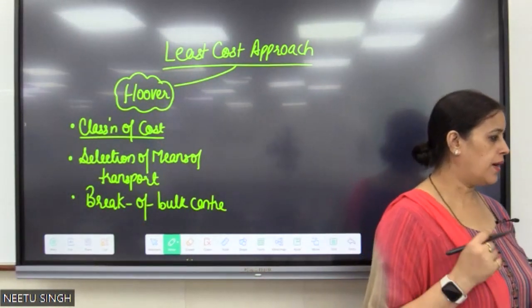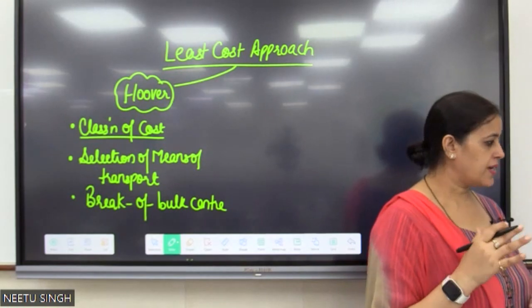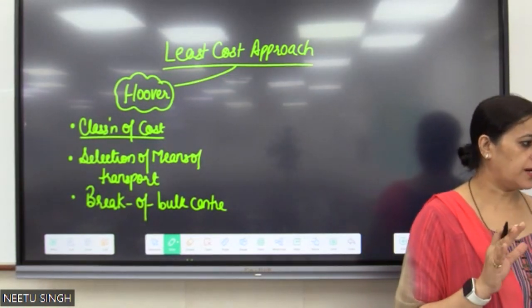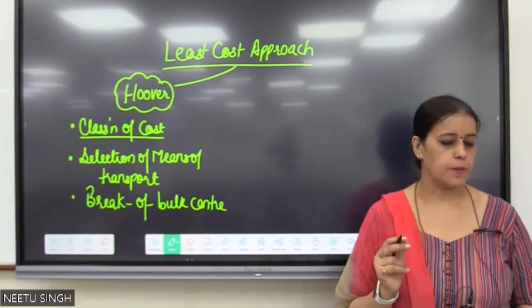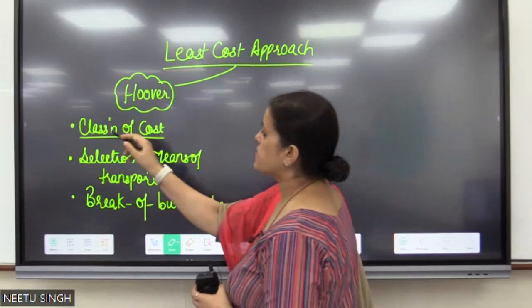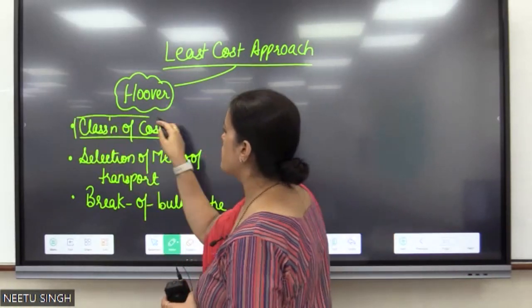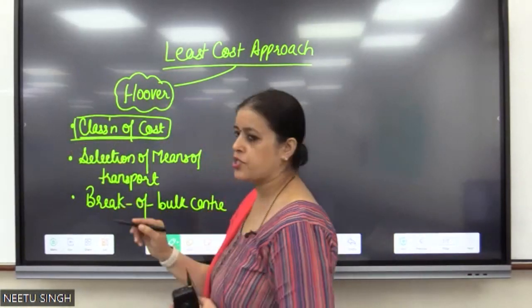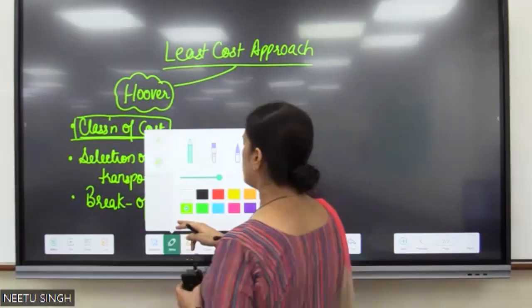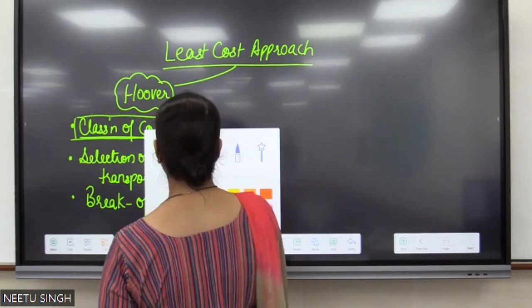Now I'm making you understand it. समझ में आ जाएगा तो कुछ points लिखवा देंगे, otherwise I'm writing all the things. Carefully understand. Nothing to copy down, first understand. What is this classification of cost? Hoover said least cost is the most profitable location. Weber is absolutely right, but I need to give recognition to the different types of cost.